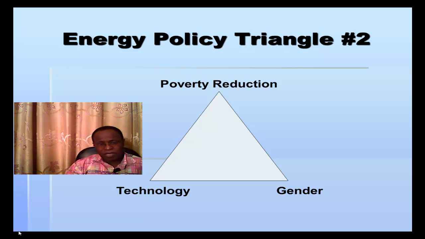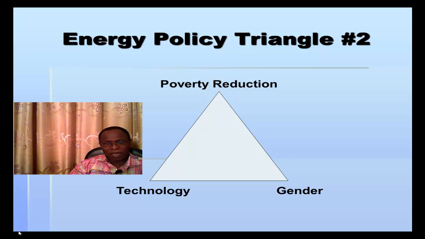Then there are also gender considerations. Again, especially in developing countries, energy use has a strong gender component. Firewood is generally collected by women and children, and even with children, it's usually the girl children who go and collect firewood. The boys are doing something else, playing football or doing something else with their fathers and things like that.